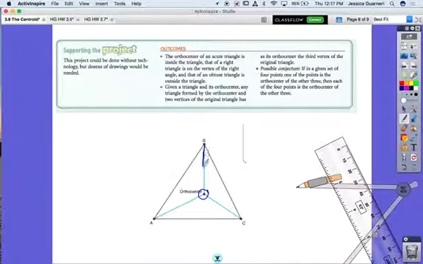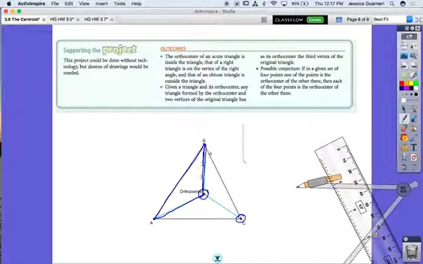This is point O. If I made this triangle right here, then C is the orthocenter of that triangle. That's something special about the orthocenter.